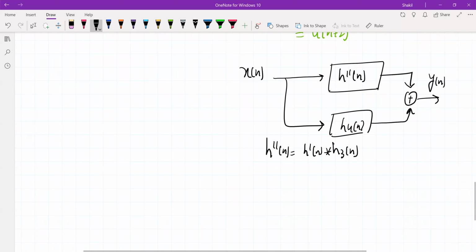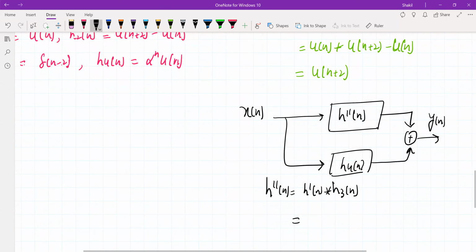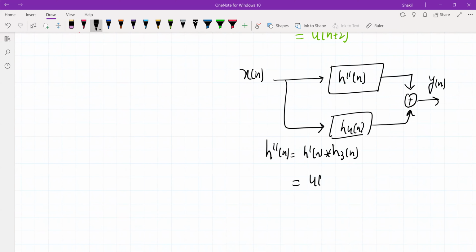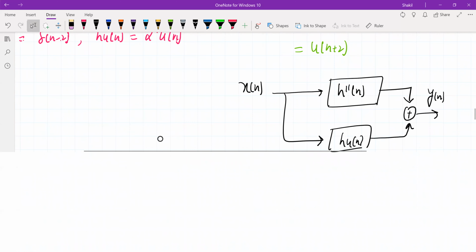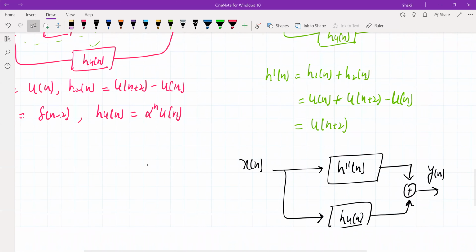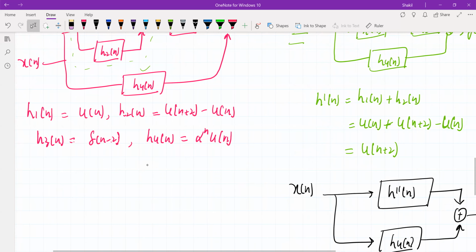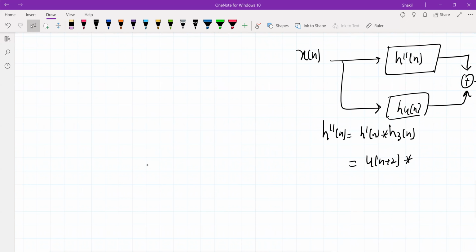What is h dash of n? We just calculated it: u of n plus 2, convolved with h3 of n, which is delta of n minus 2. The convolution of any sequence with delta is the same sequence. This time we have a shifted delta.